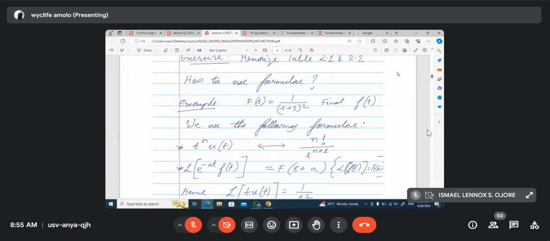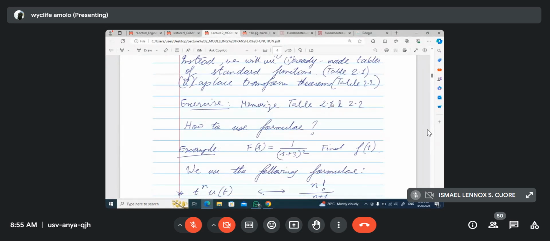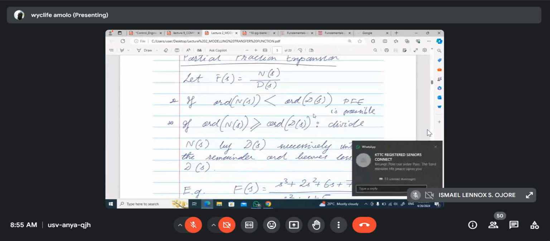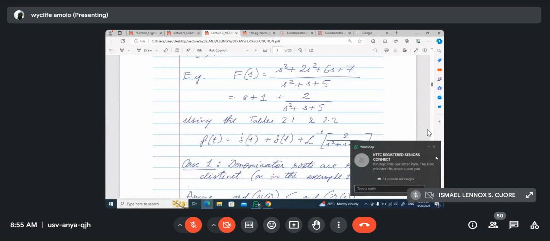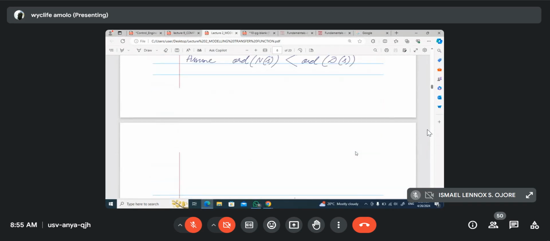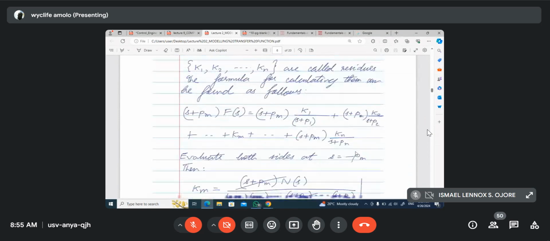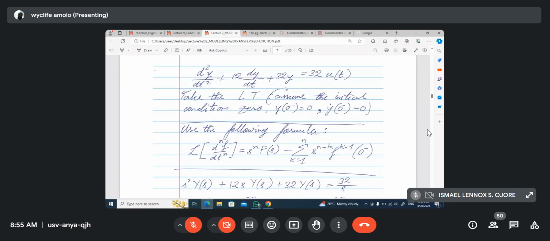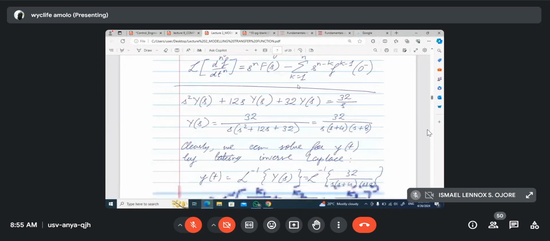Sometimes we don't attach it, which is wrong. But if we don't attach it, you have to memorize them. So the general Laplace transform is given by that, and they go on and on. Now, the reason why I'm here is that this is an equation that you need to linearize by Laplace transform.